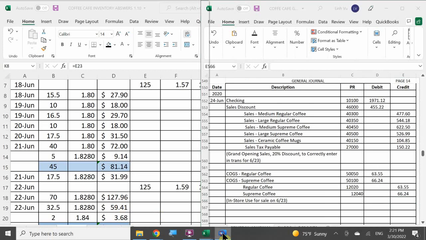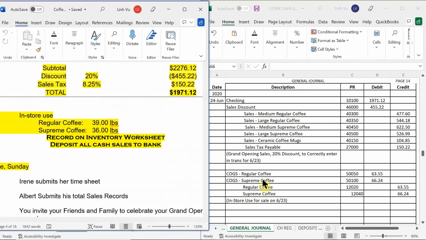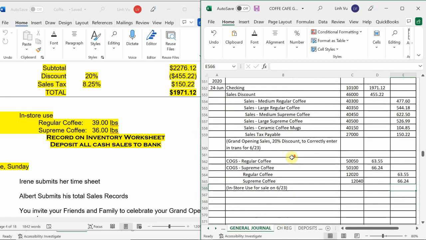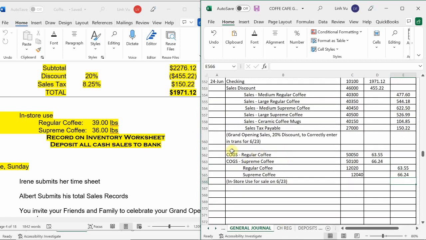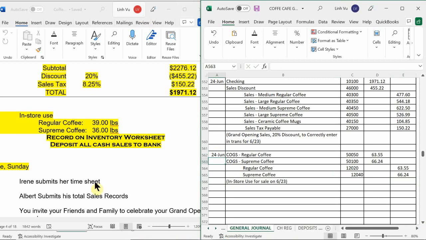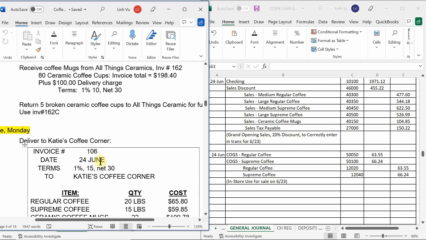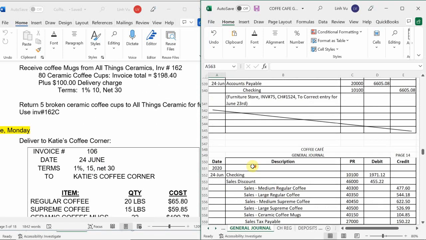Okay. So that's all we have to do, backtrack that much. That means we can go ahead and proceed with the next section from where we left off. Okay, because that's where we backtracked to. So we just delivered to Katie's Coffee Corner. Is that correct? Let's see.